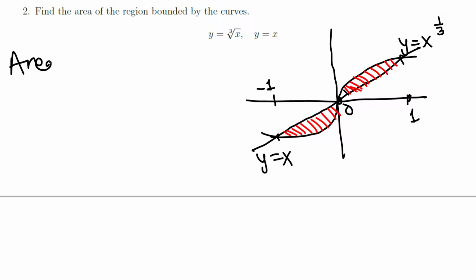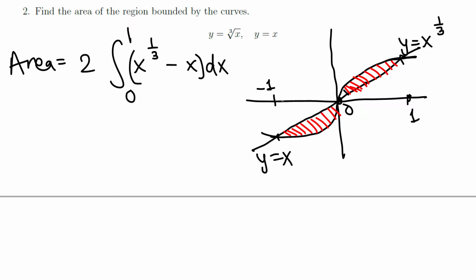So the total area is 2 times the integral from 0 to 1 of the upper curve, y equals x raised to 1/3, minus the lower curve, the straight line x, dx. Or you can go from -1 to 0, in which case the upper curve will be x. But 2 times is better, then we don't have to do it twice.